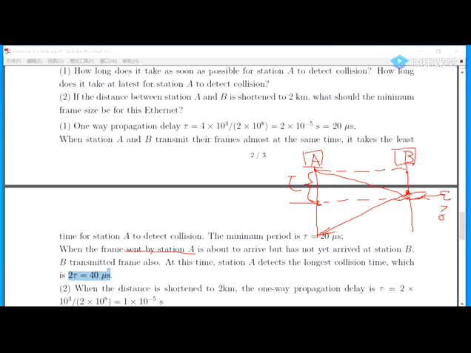Under this condition, it takes the longest collision detection time, that is 2 tau, for A to notice the collision. So 2 tau is 40 microseconds.